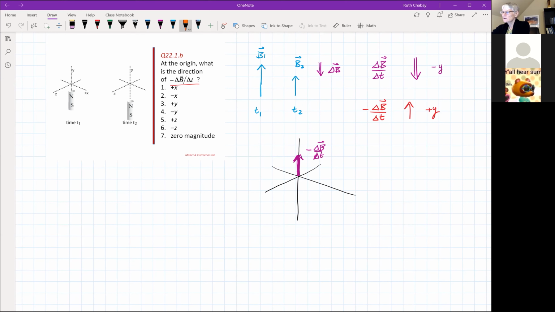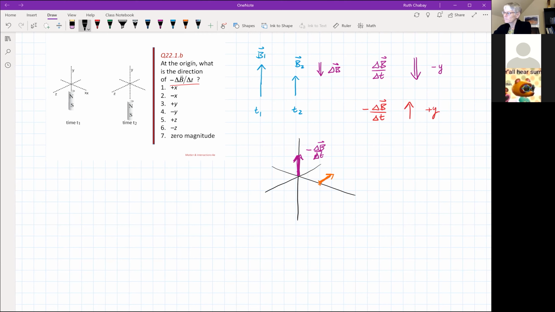So let's consider locations around the origin. It looks like we're getting a counterclockwise curl, which should mean that at this location we have an electric field in the minus Z direction.